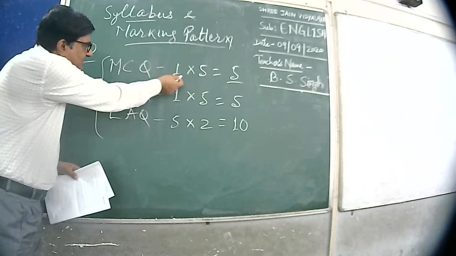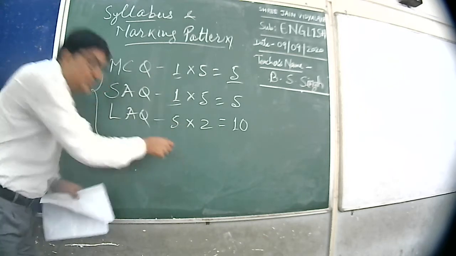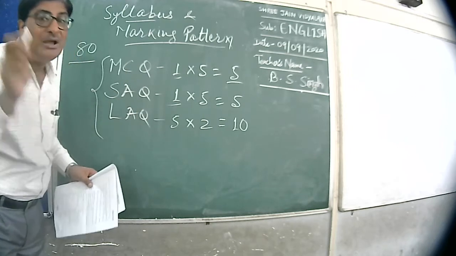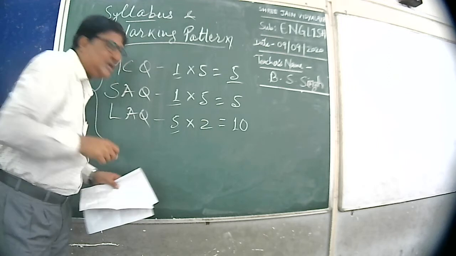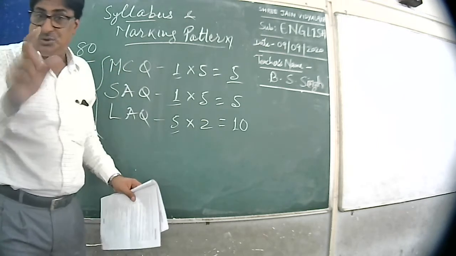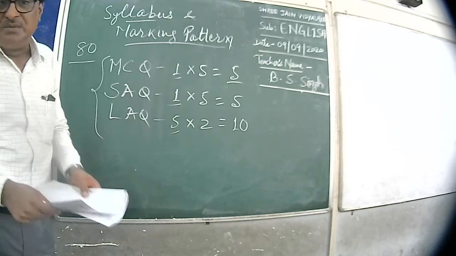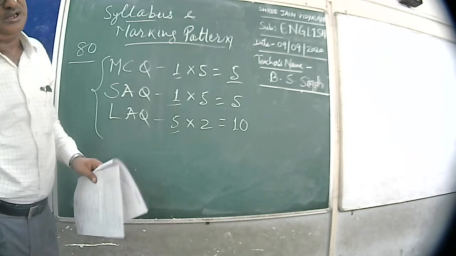You have to write 5 MCQs, 5 SAQs, and two long answers. One long answer is for 5 marks. You have to write it, and this is 20 marks. So, boys, 20 marks for prose, 20 marks for poetry.